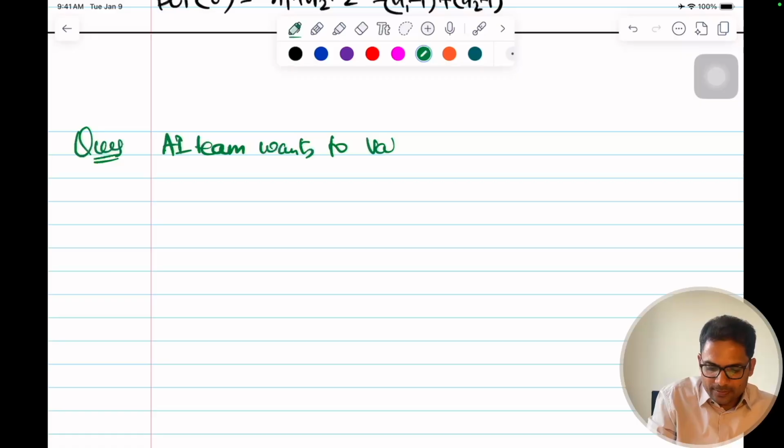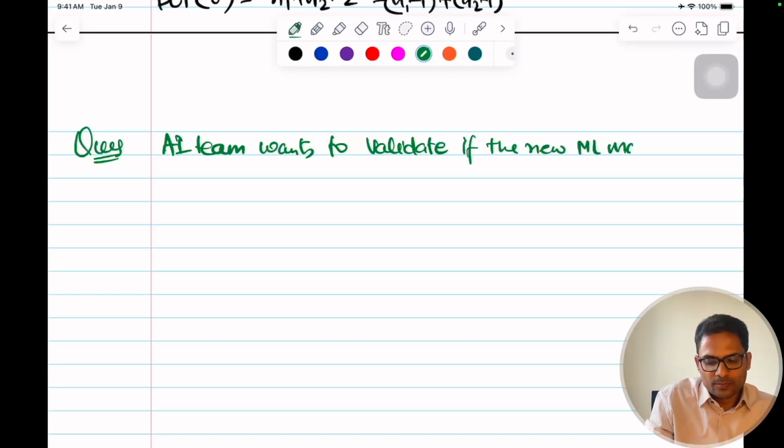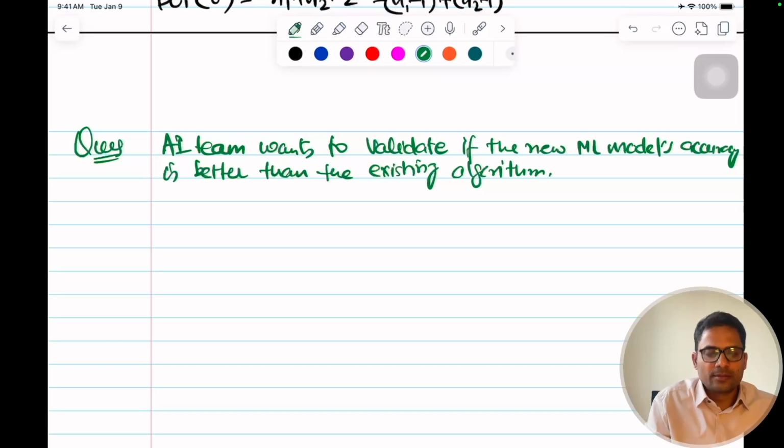They want to validate whether the new ML model's accuracy is better than the accuracy of the existing or old algorithm. Kind of A/B testing. That's what they want to do.